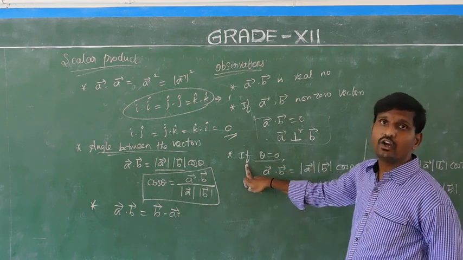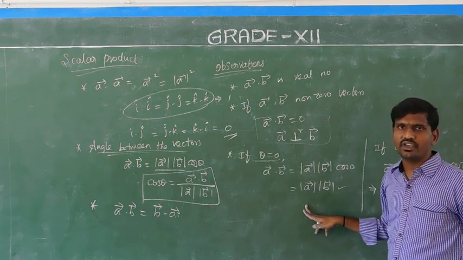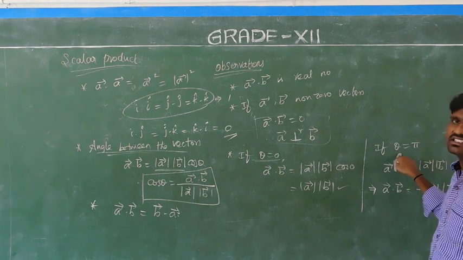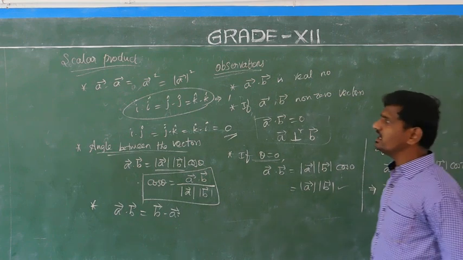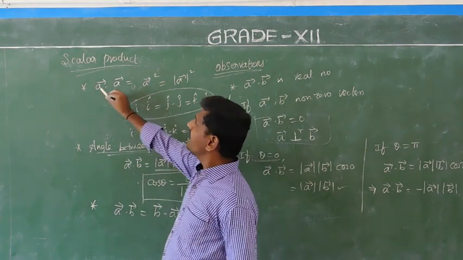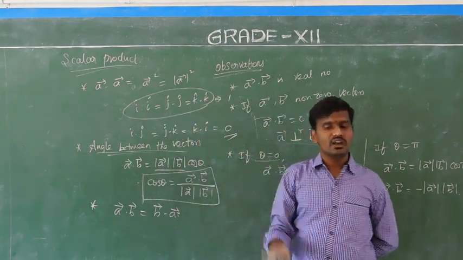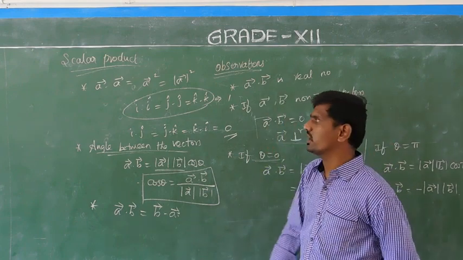If theta equals 0, then A dot B equals modulus of A into modulus of B. If theta equals pi, the dot product will be minus modulus of A vector into modulus of B vector. Then A dot A equals modulus of A vector whole square.